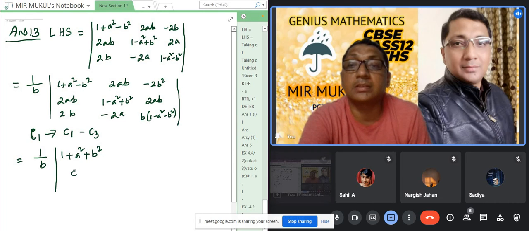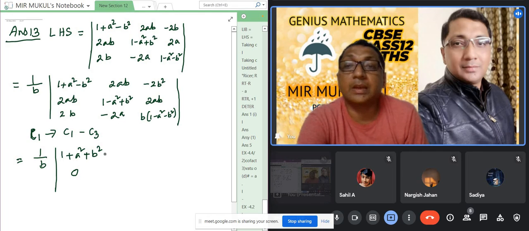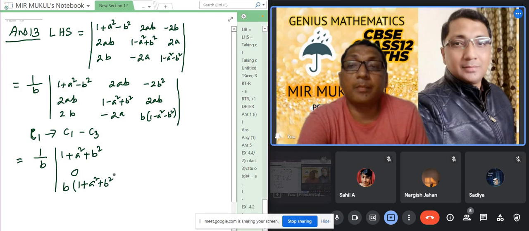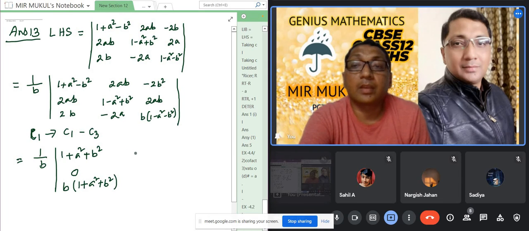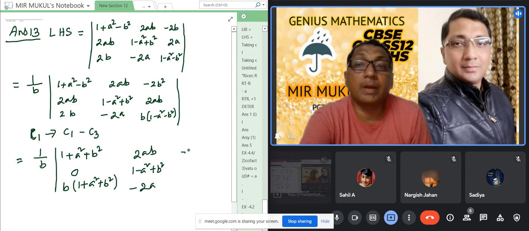Here if you subtract, 0 will come. And here if you subtract, b will be common, and you will get 1 plus a square plus b square. Here 2ab, 1 minus a square plus b square, minus 2a; here minus 2b square, 2ab, and b into 1 minus a square minus b square.